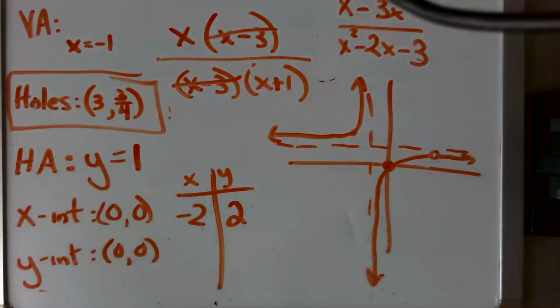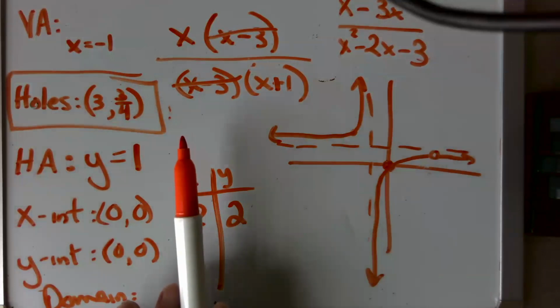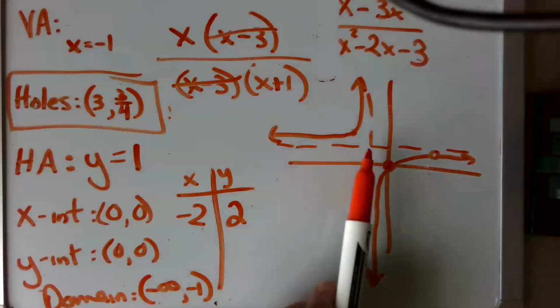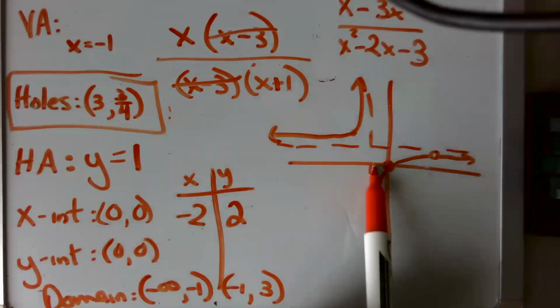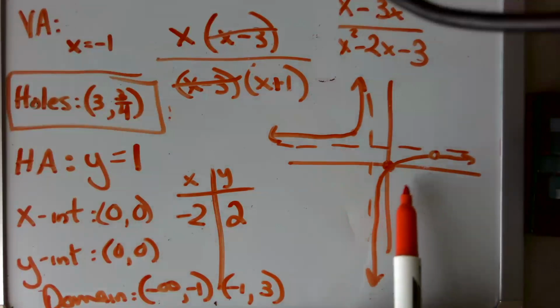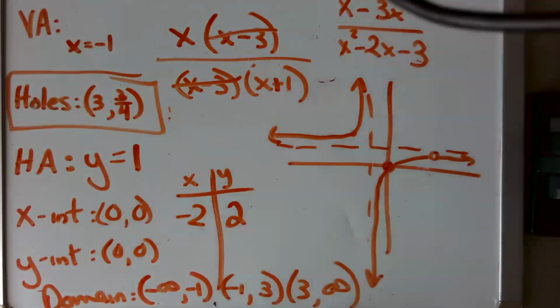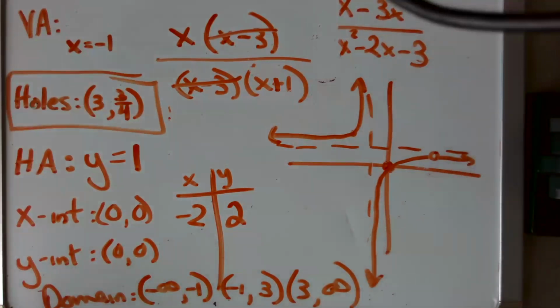Okay, and then the last thing often that's asked for is the domain. And so don't forget that domain is everything x is allowed to be. So we know that it can be everything from -infinity to -1, soft parentheses, not including, and then everything from -1 to 3, soft parentheses, not including, and then everything from 3 on to +infinity.